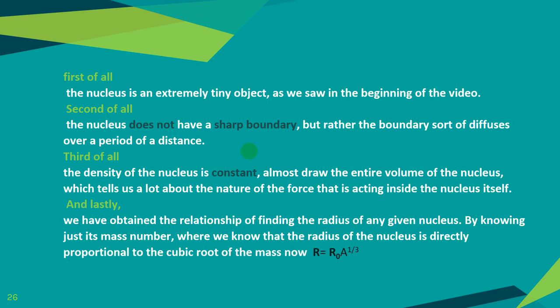Third of all, the density of the nucleus is constant, almost through the entire volume of the nucleus, which tells us a lot about the nature of the force that is acting inside the nucleus itself. And lastly, we have obtained the relation for finding the radius of any given nucleus by knowing just its mass number, where we know that the radius of the nucleus is directly proportional to the cube root of the mass number.